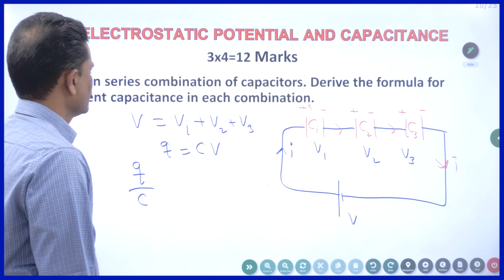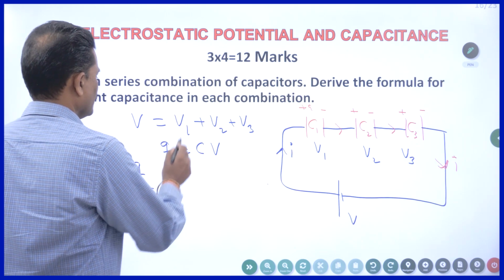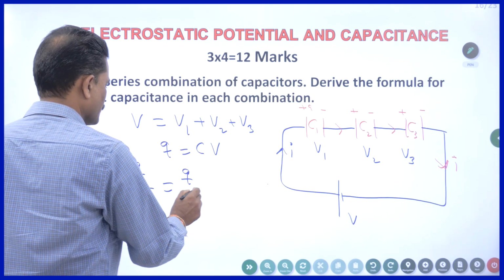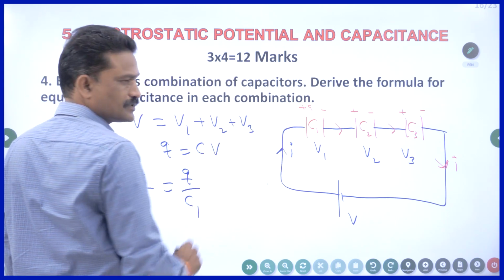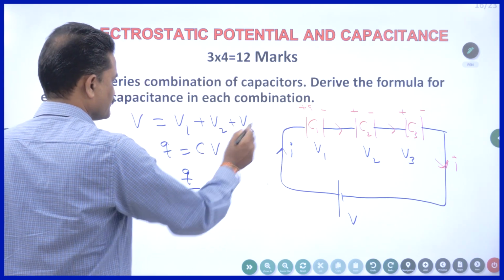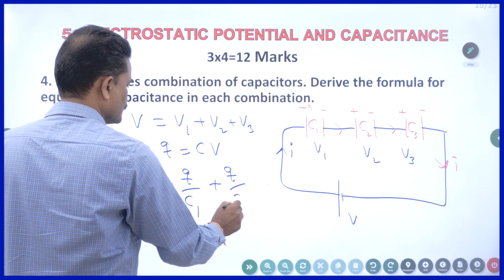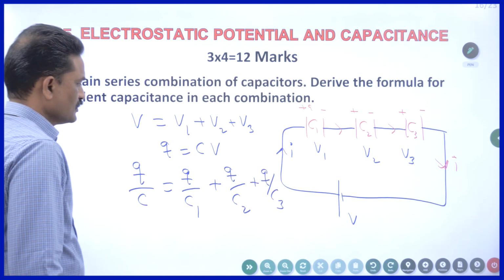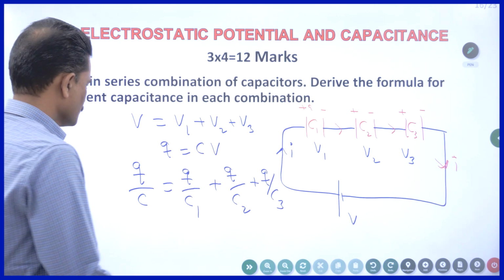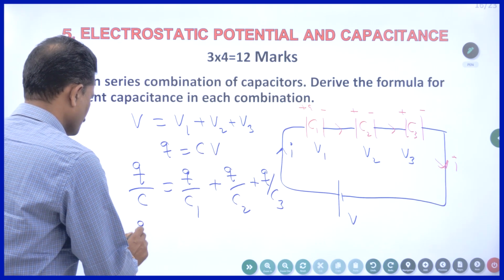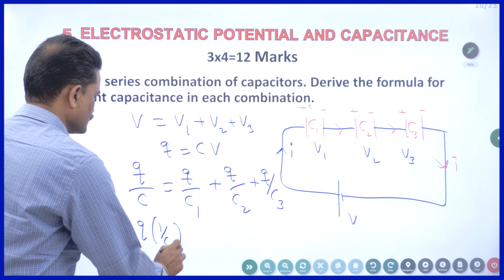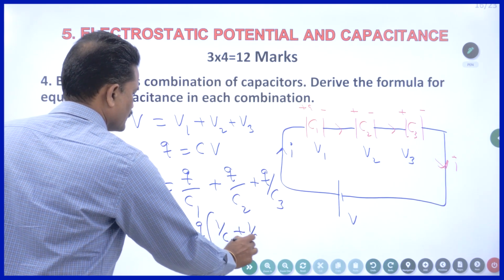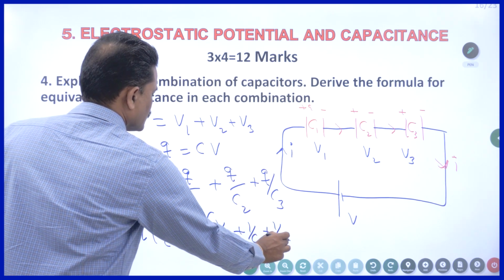Next, this is equal to V1 is Q by C1 in the case of first one, plus in the case of second one Q by C2, in the case of third one Q by C3. Q is common on both sides, so you can write like this: Q times 1 by C is equal to Q times 1 by C1 plus 1 by C2 plus 1 by C3.